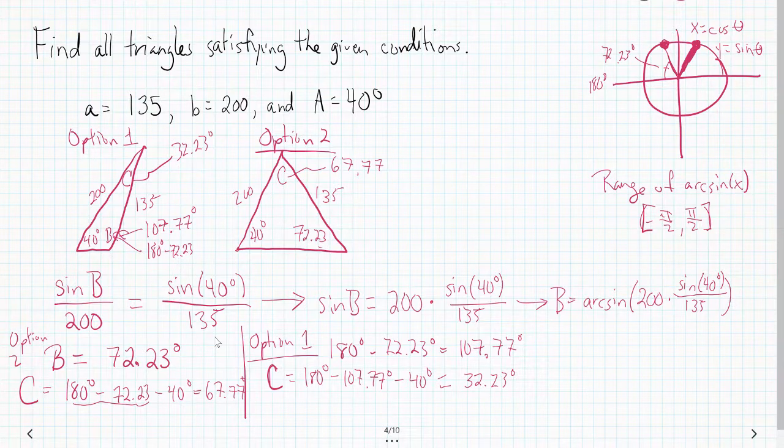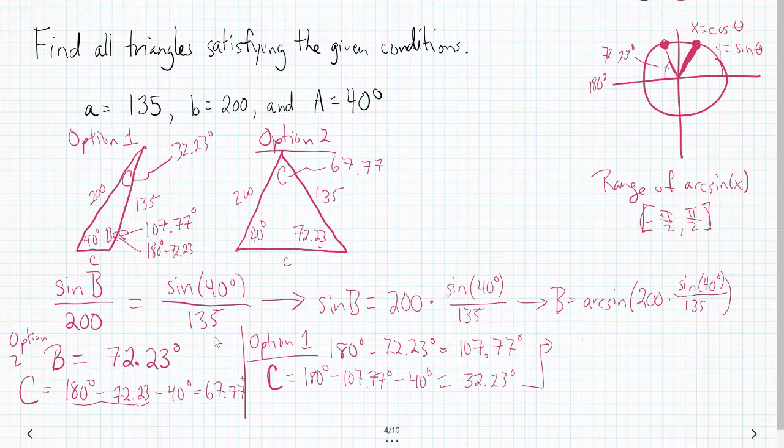And now you can use either law of sines or cosines, it doesn't matter. We'll stick with law of sines in this case. And so we have the nice one with 40 degrees. We'll work from there. So we want to figure out this bottom side, that's going to be little c.